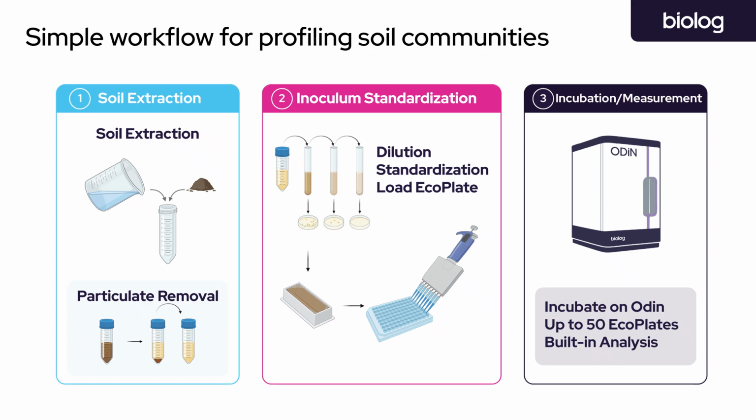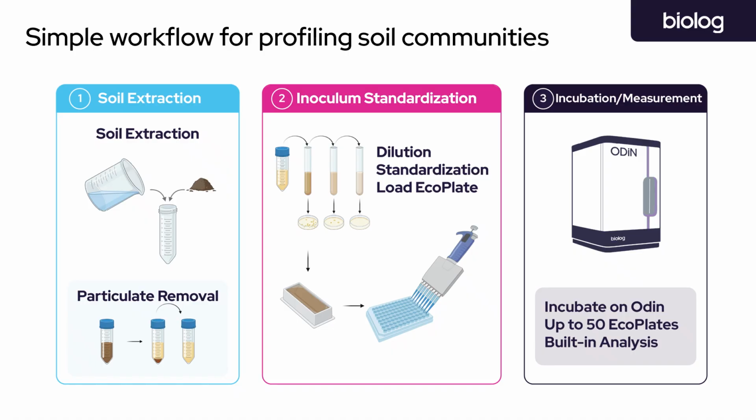The next step, we're going to do standardizing your microbial density. And you can do this in many different ways, but in this diagram, we're using CFU or plate counting, and this is similar to what we saw in that agricultural research paper. And so we're gonna plate these dilutions, and we're gonna pick one based on the target density that we are trying to achieve so that we can compare across different plates.